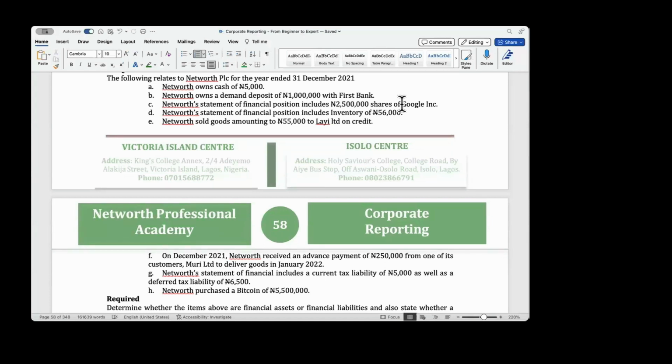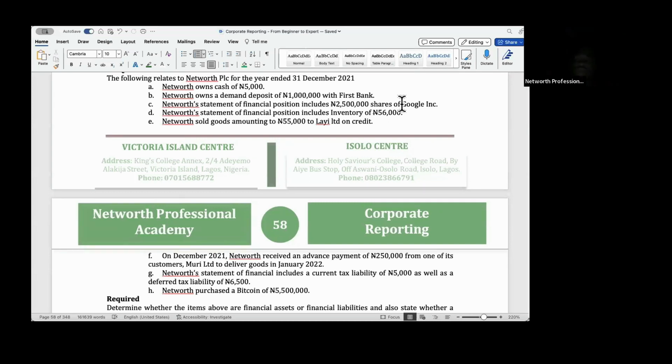But Google, in its books, will just put it as share capital. Share capital is not a liability. Share capital is equity. So what Google has is an equity, not a financial liability. Yeah, so you are correct. There is a financial instrument contract, but the other party in this case has an equity instrument and not a financial liability.